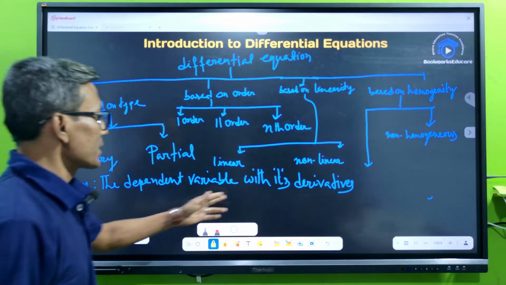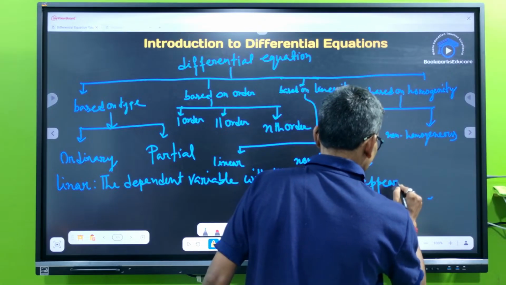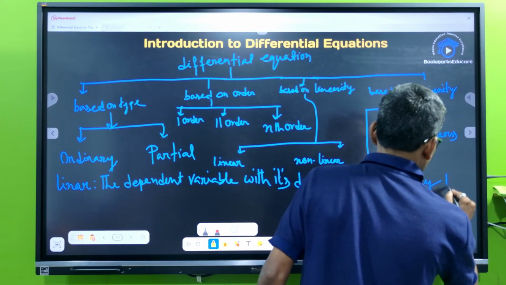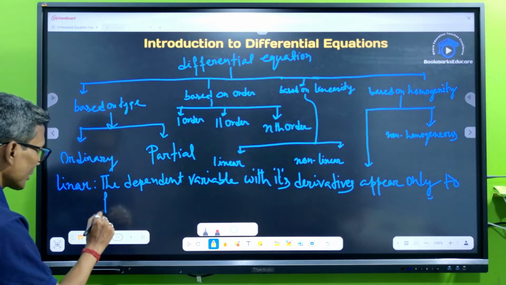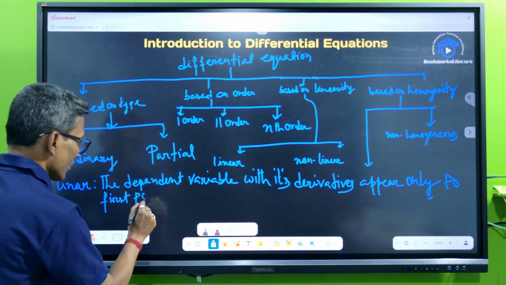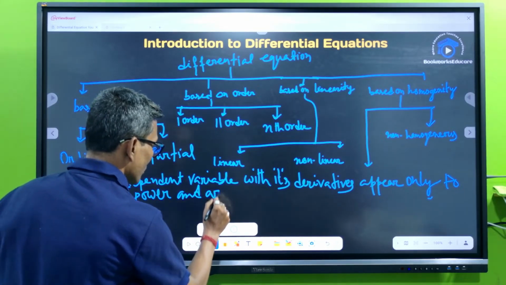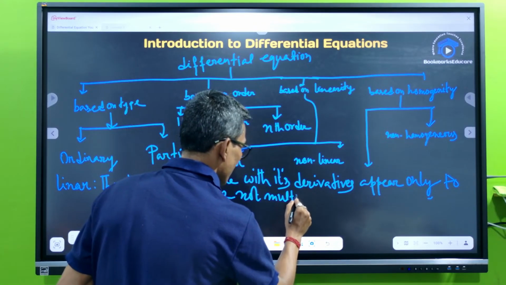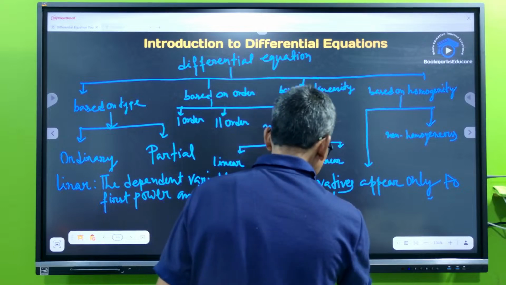The dependent variable with its derivative appears only to first power and are not multiplied together.